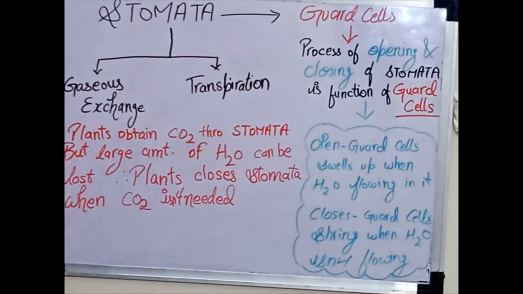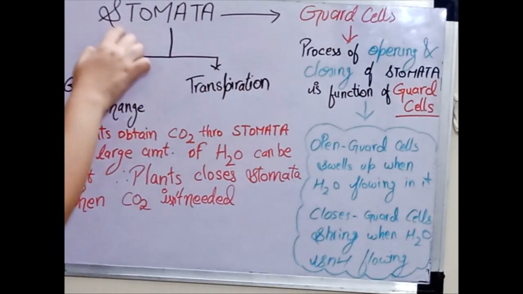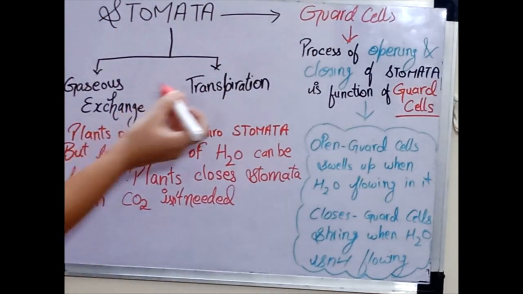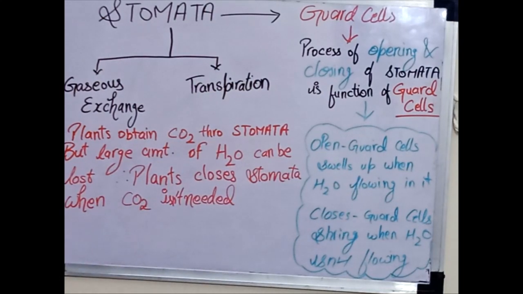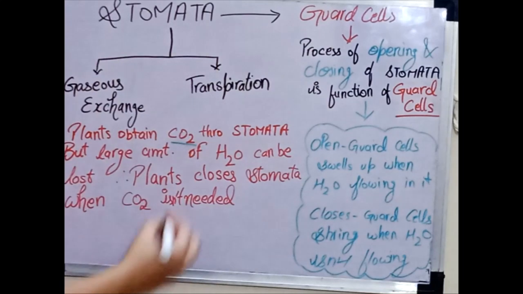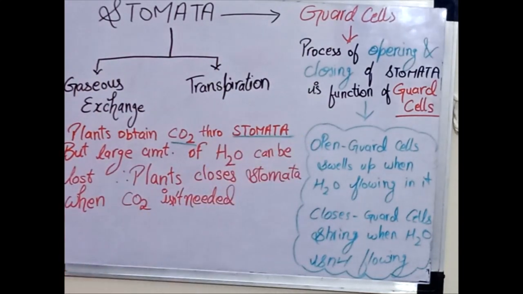But let us recapitulate what we know, what we need to do, and so on. Stomata help in what? Just your gaseous exchange and your transpiration, right? Now, why gaseous exchange? How does it occur? Let us talk about that. Plants obtain CO2 through stomata. But a large amount of H2O can be lost.